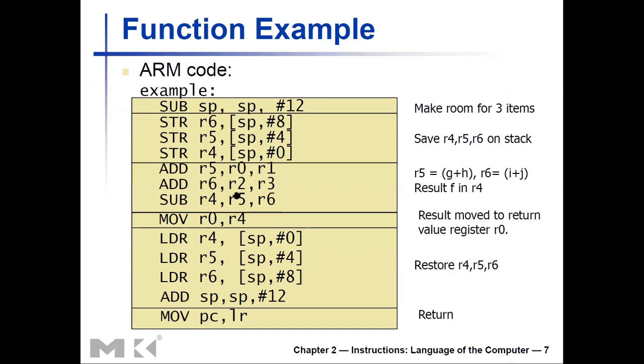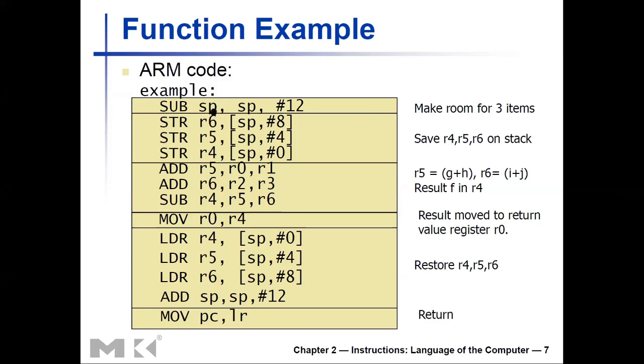If you understood all the concepts that I was talking about, then you can easily understand what's given here. In this example, we need to use the R4, R5, R6 registers, and because of that, we need to preserve them in the stack.